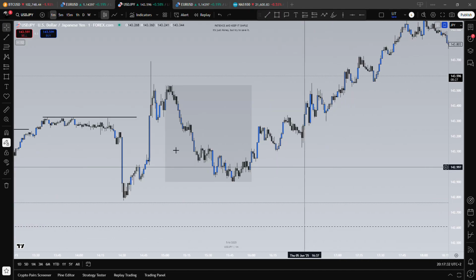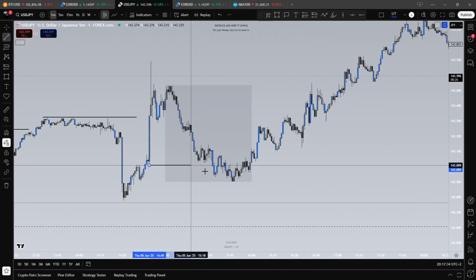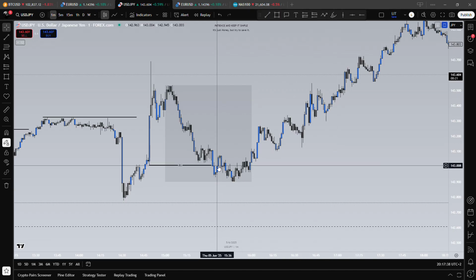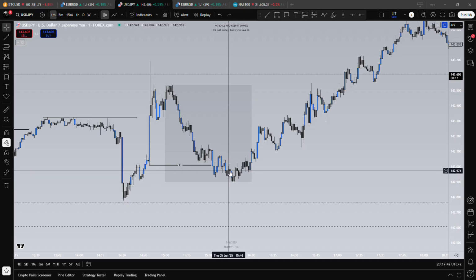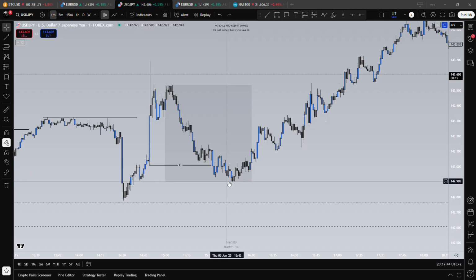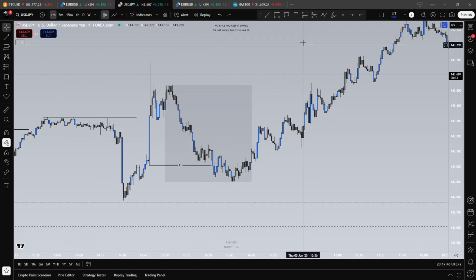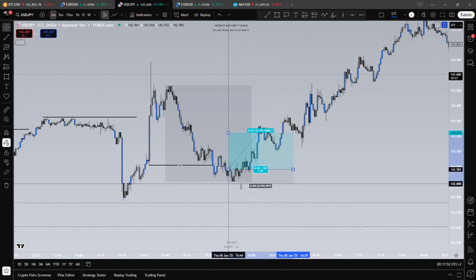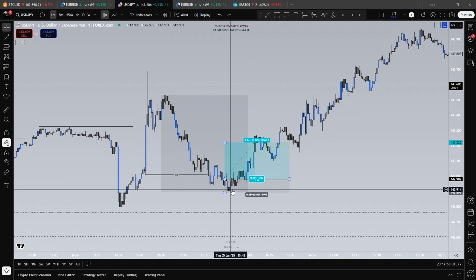For me a little bit difficult, but it's okay. Run liquidity on M1, and then here we have an engulfing candle. So maybe we would have had a stop loss here, depends.